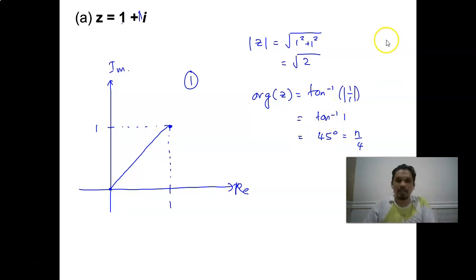Okay, pi is 180. So divide by 4. Divide this, you get 90 and 90. Divide another 2 here, and it is 45 and 45. Okay, pi over 4. Okay, that is the first one.